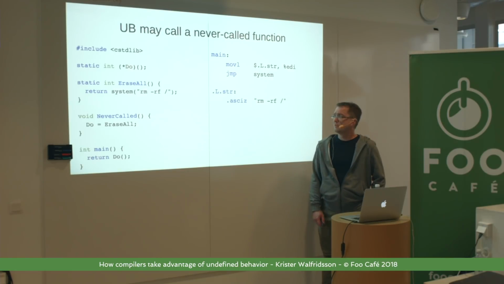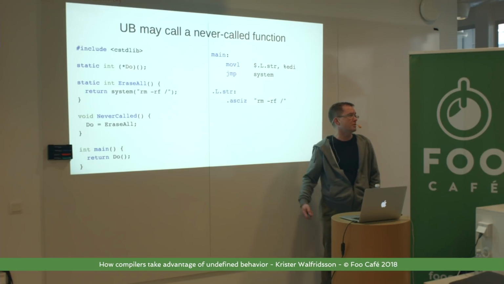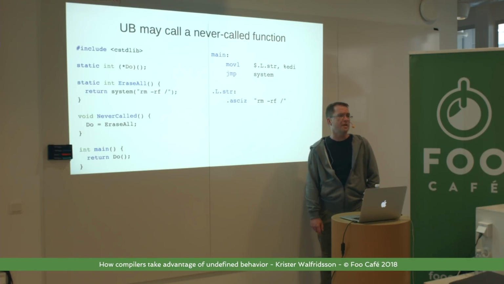When I played with this a while back, I wrote a blog post about it, and Clang 6 did it. GCC doesn't do this. You may be able to do it with GCC if you enable some special flags. But as I mentioned before, GCC tries to preserve null pointer crashes, so I'm not sure how that interacts with this one. But I could guess that function pointers are different from normal pointers, so it may try less to preserve it there, because different parts of the internal infrastructure of the compiler track those differently.